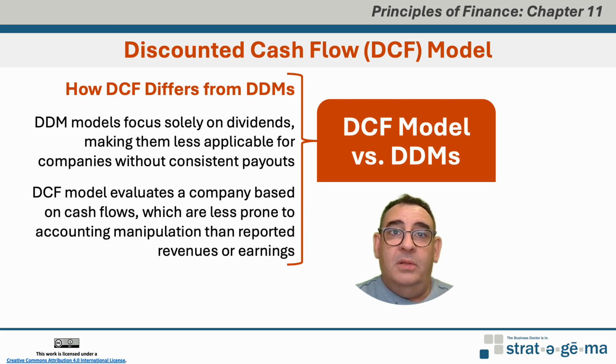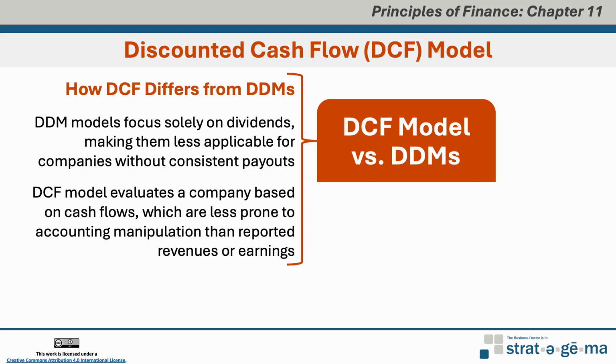The DCF model evaluates a company based on its cash flows as opposed to its earnings, because accounting earnings can be manipulated based on revenue and expense recognition policies. But when we're talking about getting down to cash flows, we can't manipulate how much cash there is in the bank and how much cash a company actually brings in and forks out.